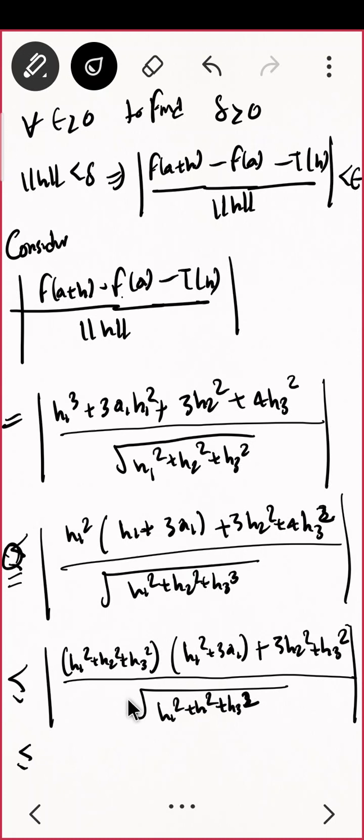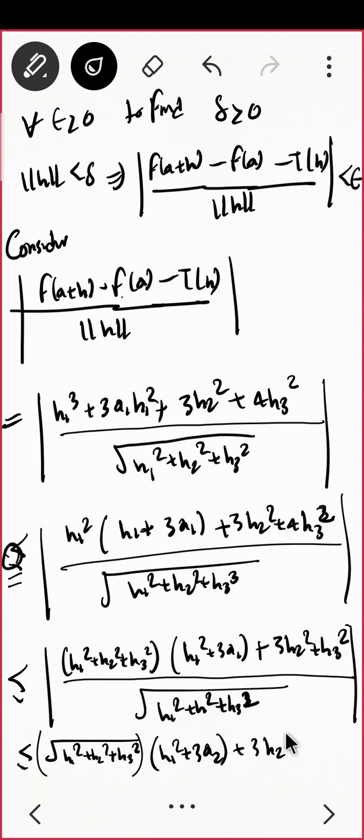This will be less than or equal to, if I separate, root of h1 square plus h2 square plus h3 square multiplied by h1 square plus 3e2, correct, and here it will be plus 3h2. I have not done anything to these yet, okay. h2 square plus h3 square, and there also it will be divided by this guy, root of h1 square plus h2 square plus h3 square.